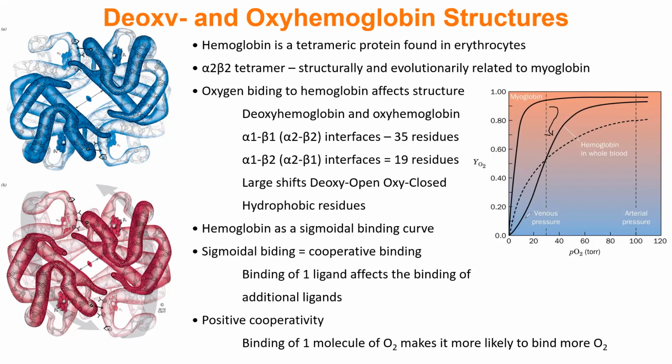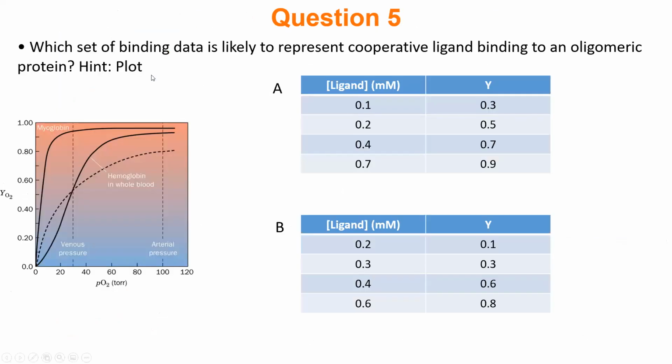The curve kind of looks like an S. That S shape is telling you positive cooperativity. If you look at myoglobin, there's no S shape to that curve. It just goes straight up, and then it flattens out as you are completely saturated with oxygen. And then the very last thing we did was look at data sets and look at them on a plot and determine which one is more likely to be cooperative binding.